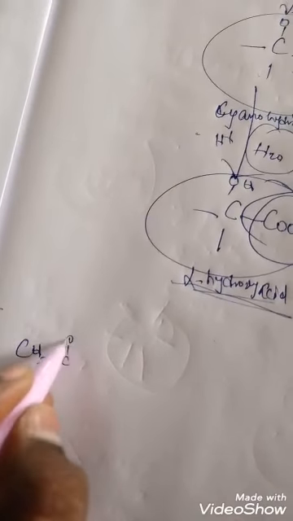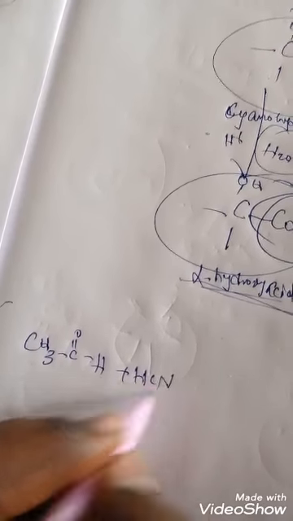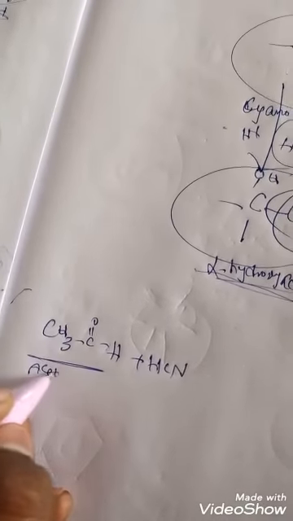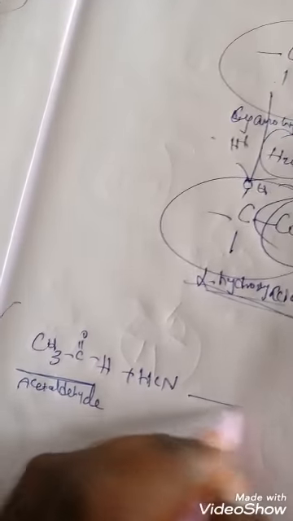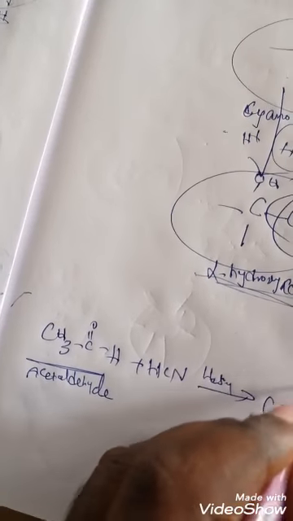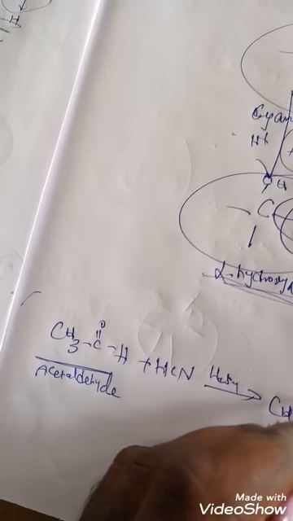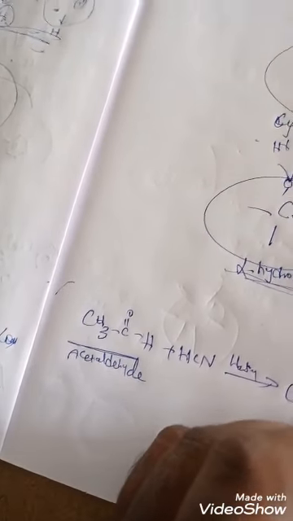Okay, students, for example, we can take CH3 C double bond O H plus HCN. What is this? Acetaldehyde. Okay, this is acetaldehyde. In presence of H2SO4, we get CH3 CH OH CN.